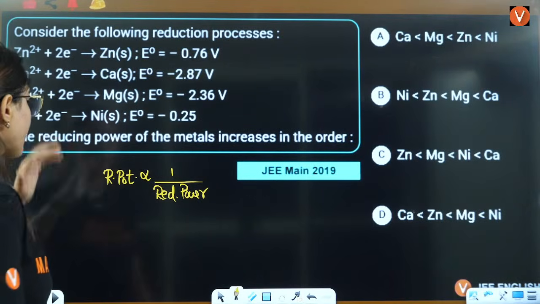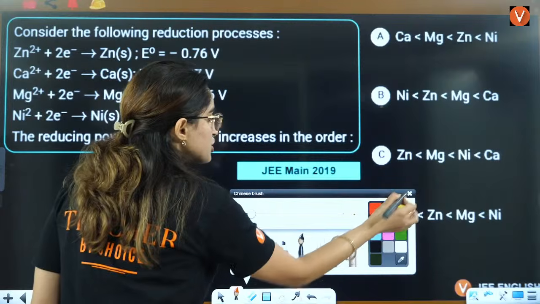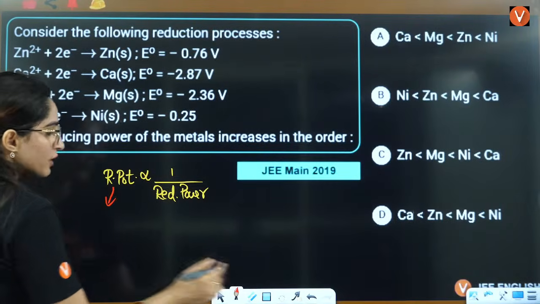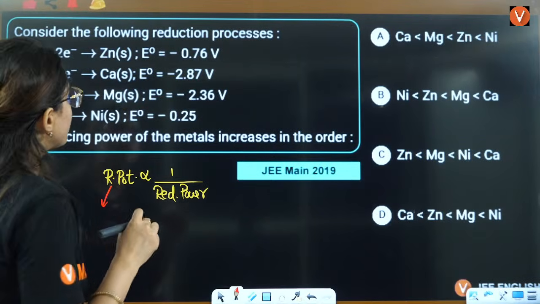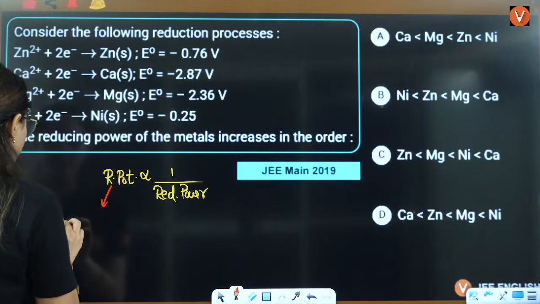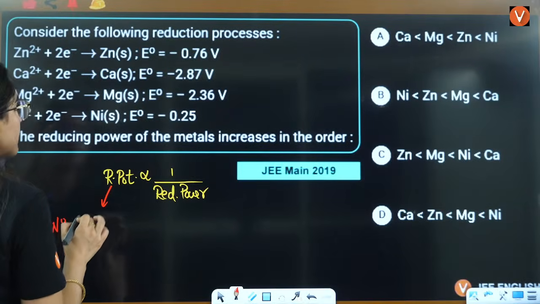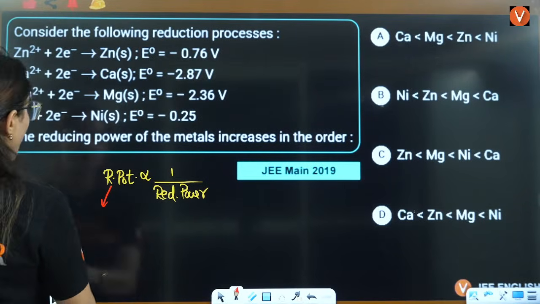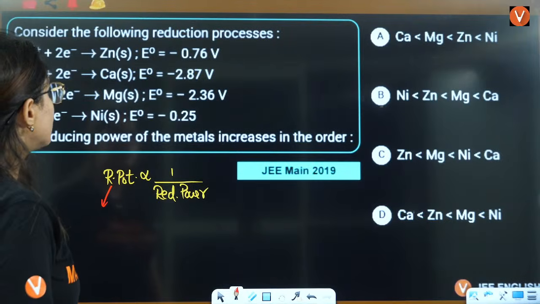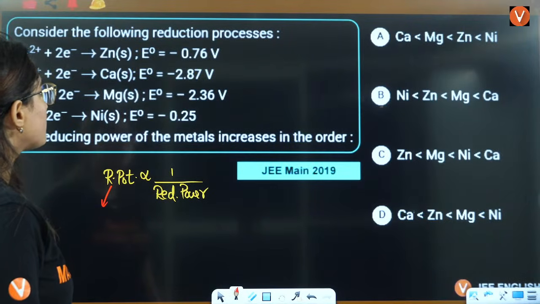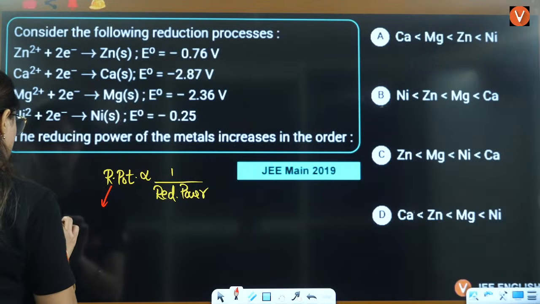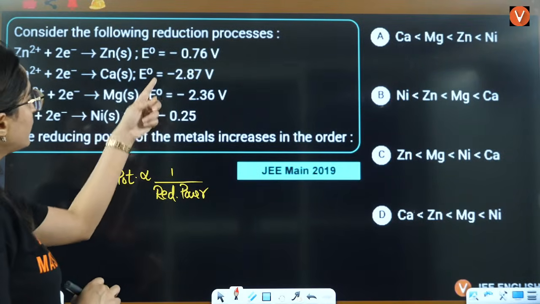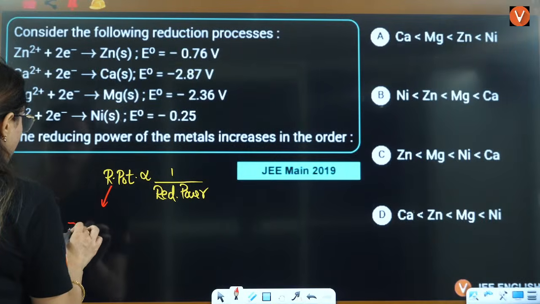So if you write the order of reduction potential here, the maximum value is going to be nickel, right? Then you will have zinc.